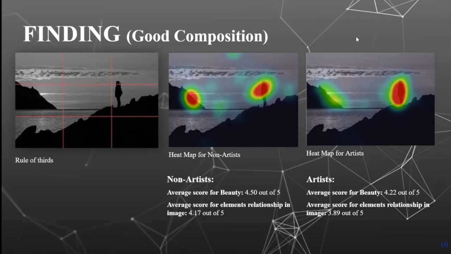But when you compare this middle image with the far right image, you will notice the artist people focused almost only on the rule of thirds and not really on the sunset brightness. So it shows that artistic people, because they have a rule of thirds background in their mind, unintentionally look mostly at the interesting spots rather than everywhere in the image.